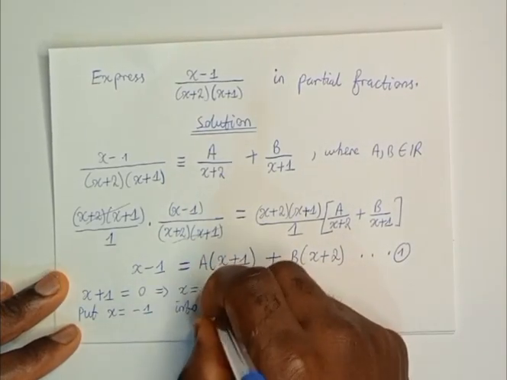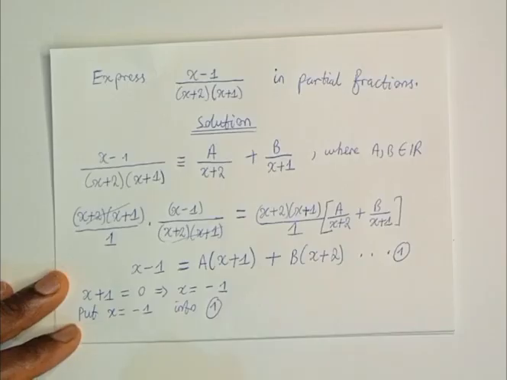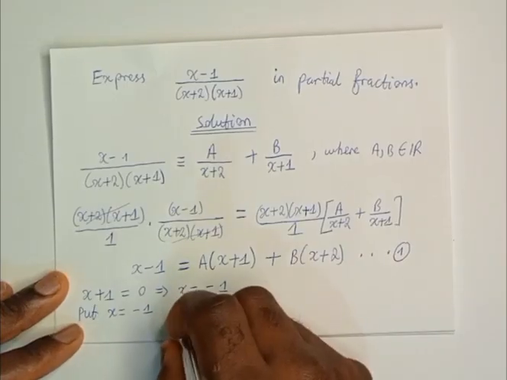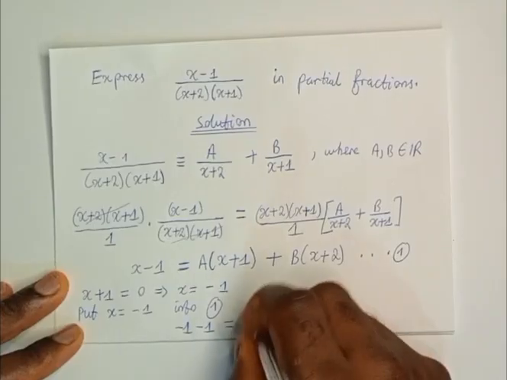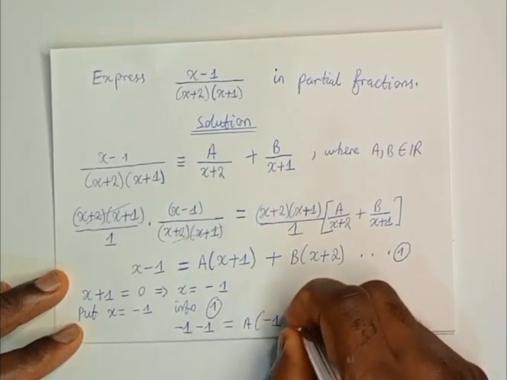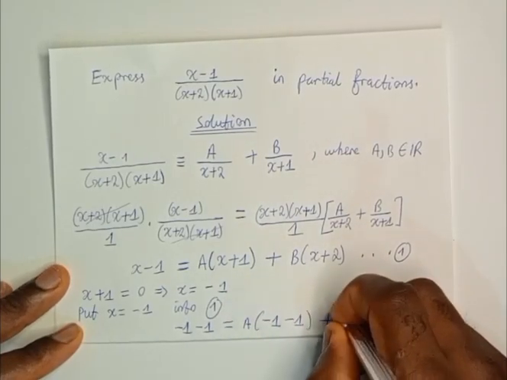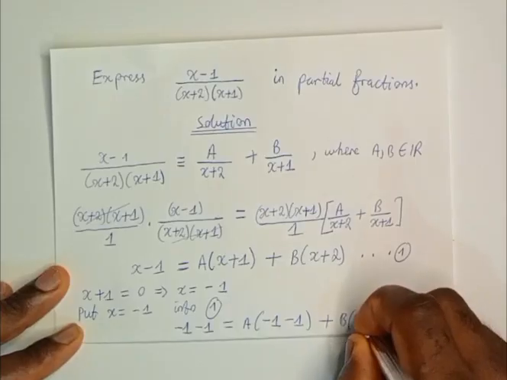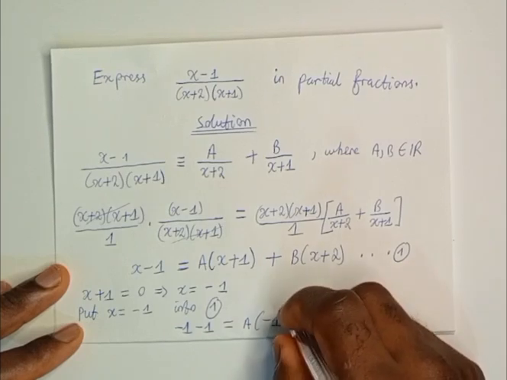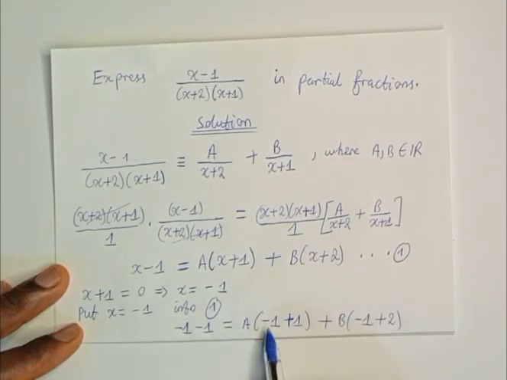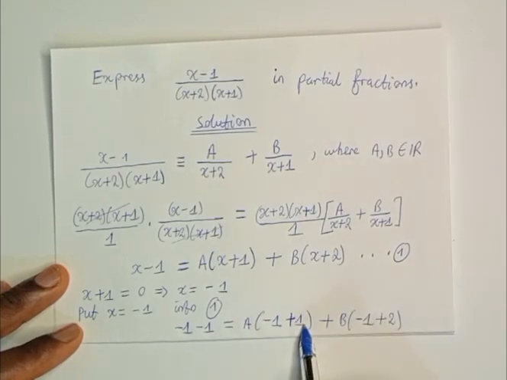Putting x equal to -1 into 1, this will give us -1 minus 1 is equal to a times (-1 plus 1) plus b times (-1 plus 2). -1 plus 1 is equal to 0, and a times 0 is 0.